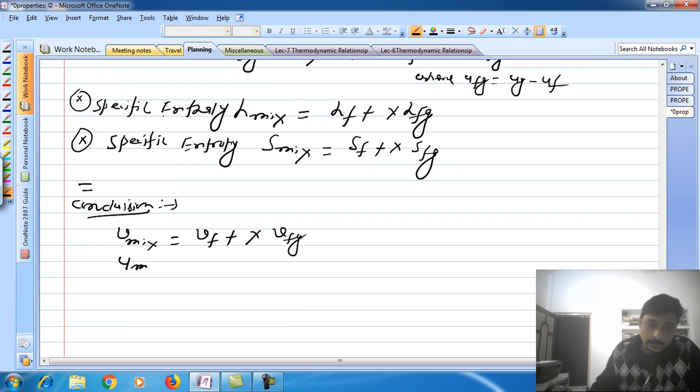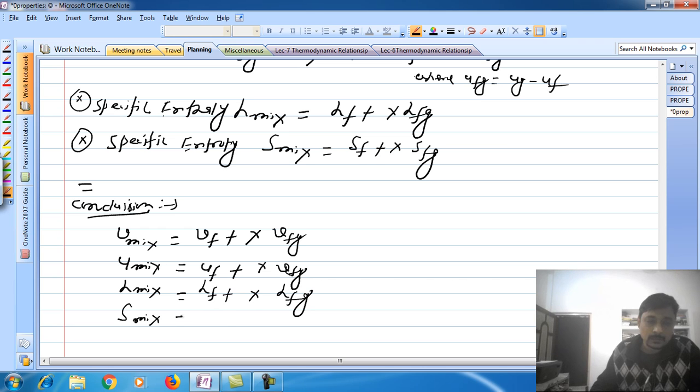The specific internal energy of mixture is equal to the specific internal energy of fluid plus x ufg. The specific enthalpy of mixture is equal to hf plus x hfg, and the specific entropy of mixture is equal to sf plus x sfg.